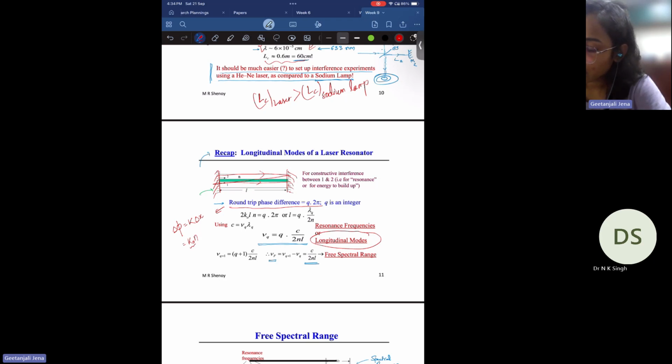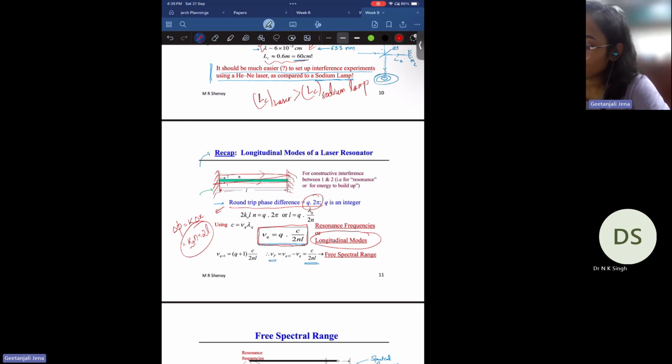The path difference is 2L, if L is the separation between the mirrors. We equated the round trip phase difference to q multiplied by 2 pi, and from this relationship we calculated the longitudinal modes of this resonator, which is nu q equal to q times c by 2nL.